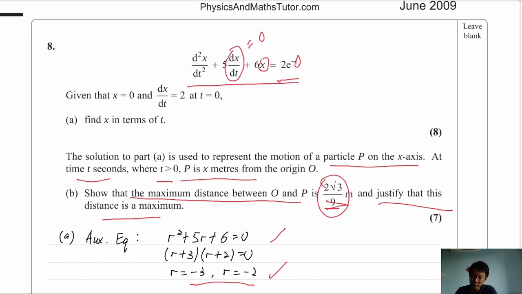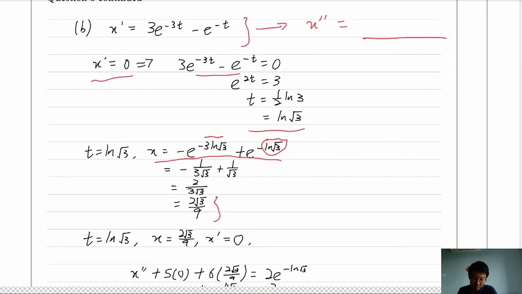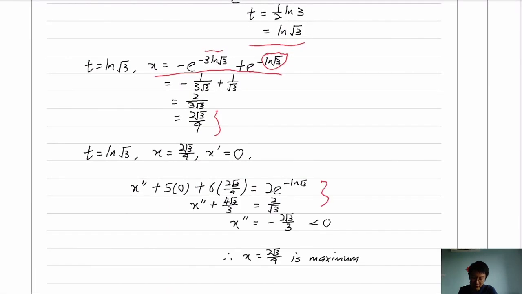If we substitute those values into the very first equation and do the calculation, we can prove that the second derivative of x is a negative value. So what does that mean? If the second derivative is negative, it means that value of x is a maximum value. So we have two ways to do that.